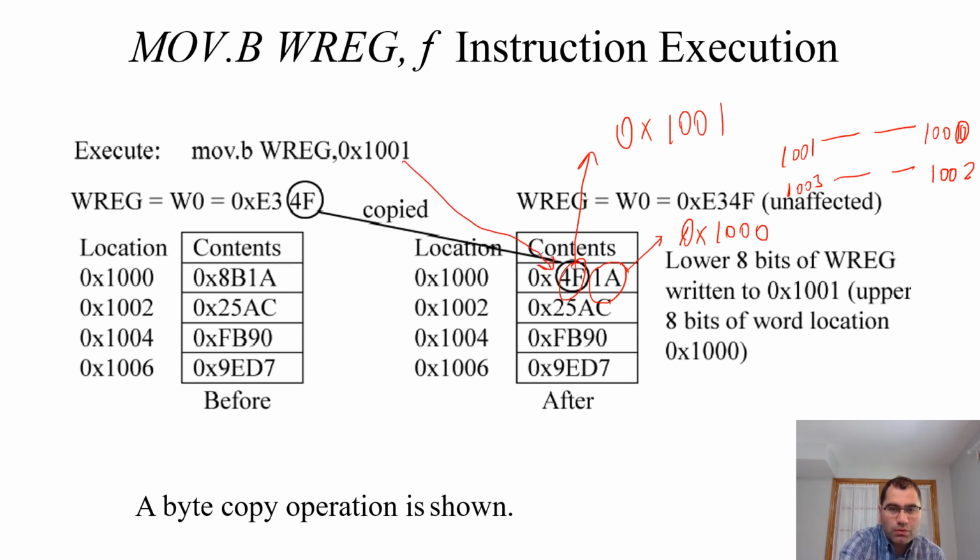That's why we put 4F there. What's the difference between before and after? Everything is exactly the same, except now instead of 8B here, we have 4F. That's it.